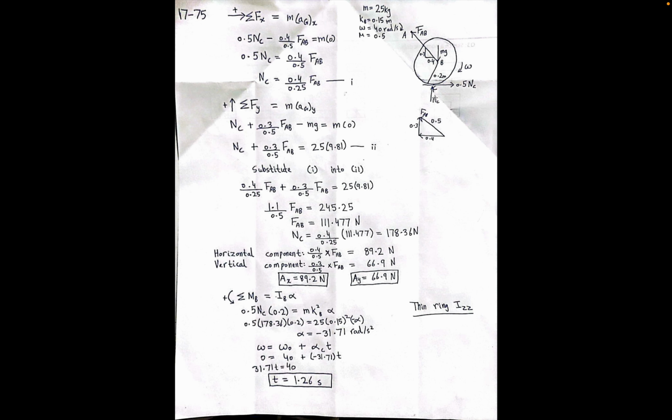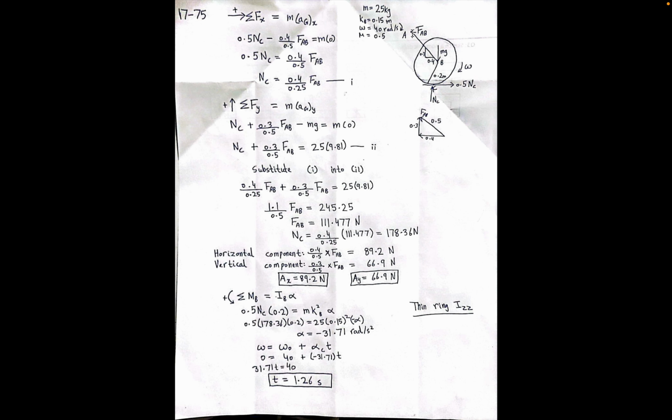vertical reaction force of NC, and there will be a 0.5 NC in the horizontal direction due to friction, and it is towards the right side because it will go against the motion of the angular velocity, which is clockwise, so it will be in the opposite direction to that.